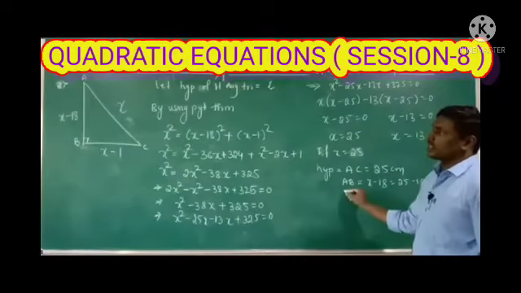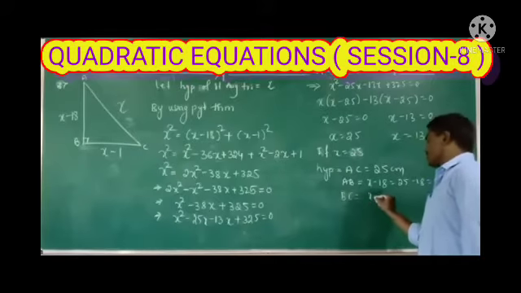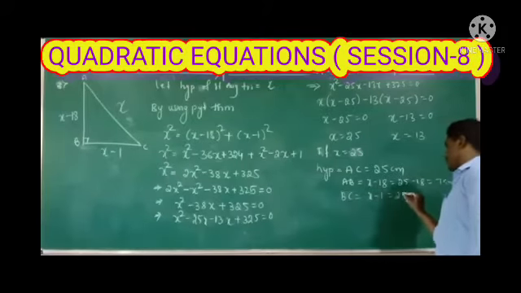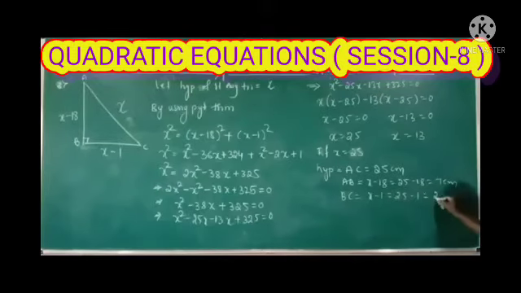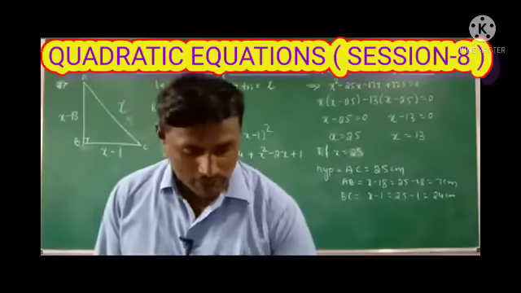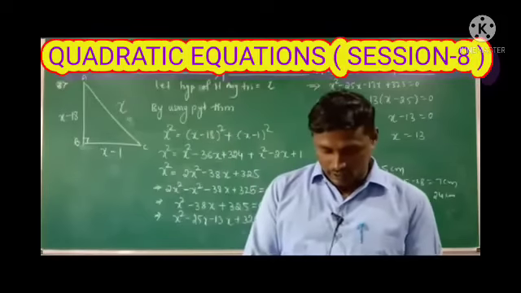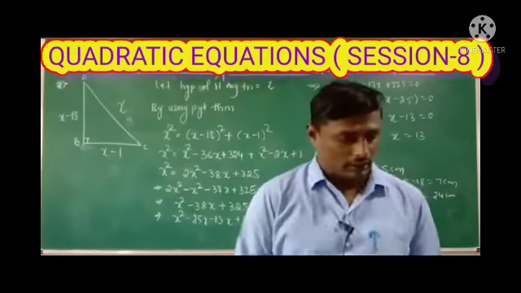And the last side, BC, is equal to x minus 1, that is 25 minus 1, equal to 24 centimeter. Okay, so these are the three sides of the right angle triangle. Next one.